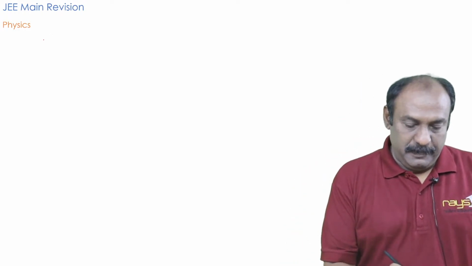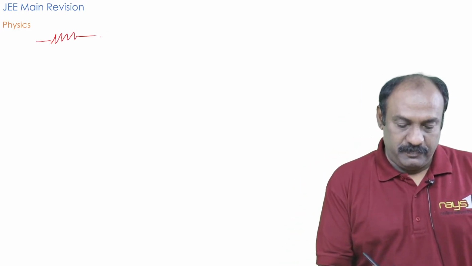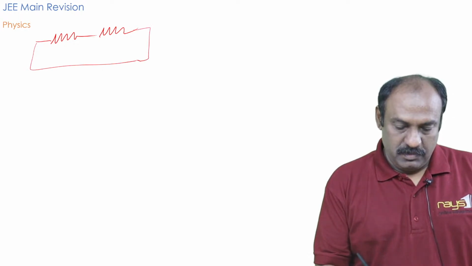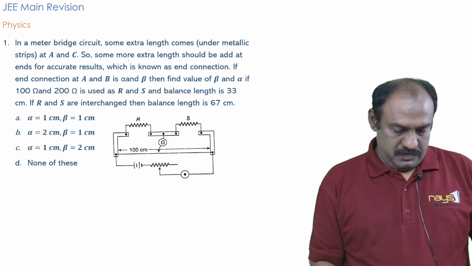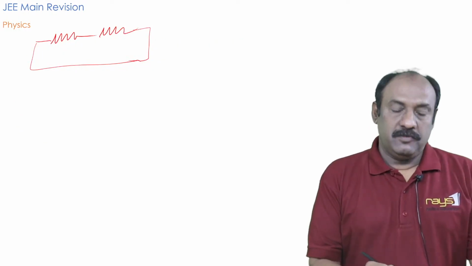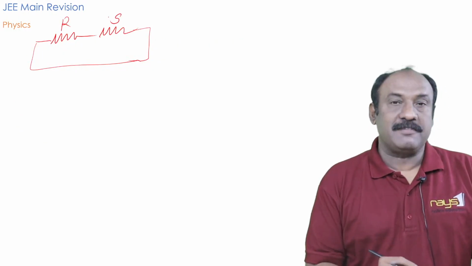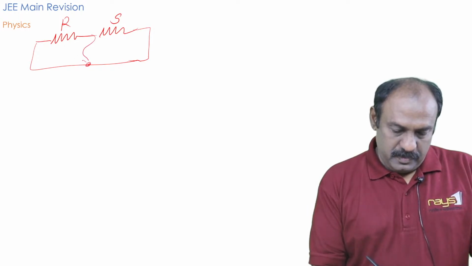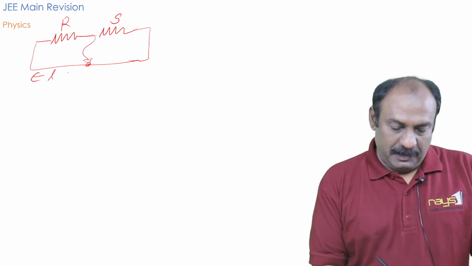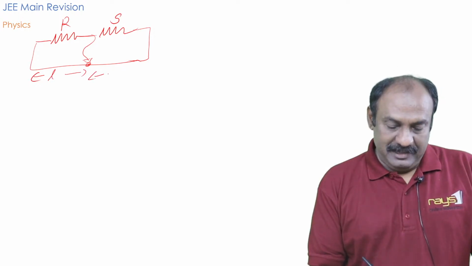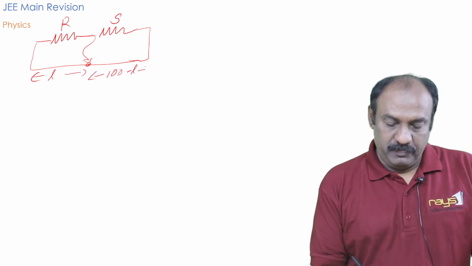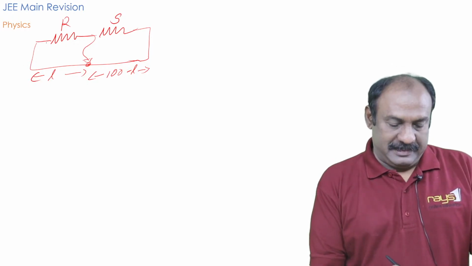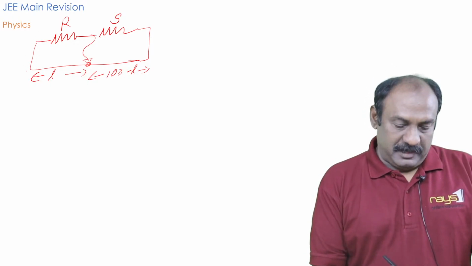So this is the meter bridge circuit. Here this is R, this one is S. The balancing length is supposed to be L. The remaining length is 100 minus L. Practically it is observed that these copper strips are connected here.